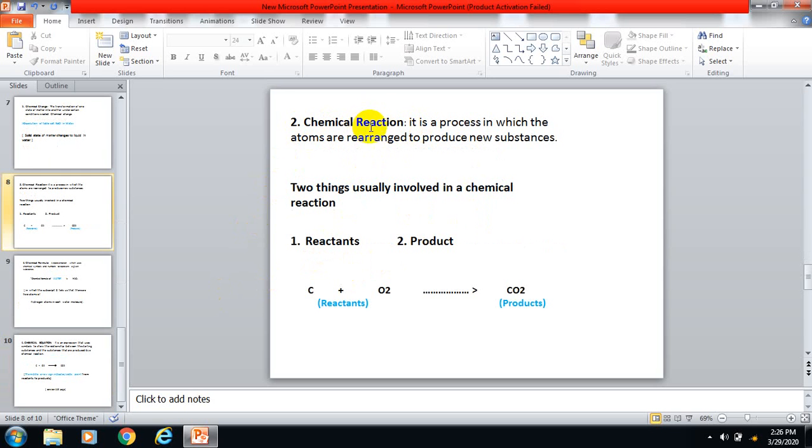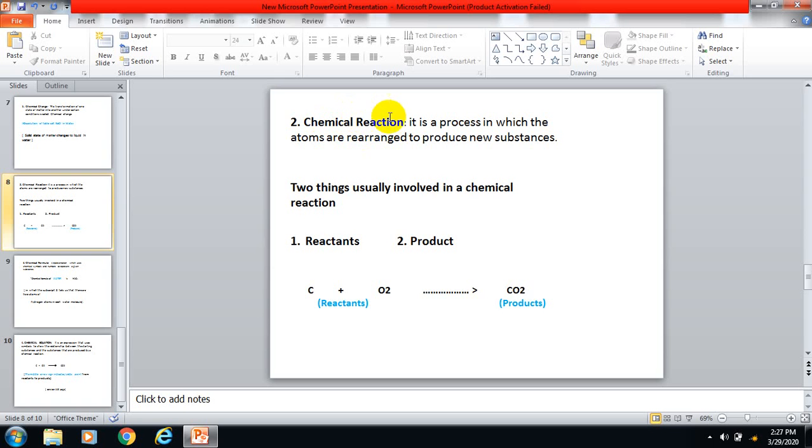Number 2, a chemical reaction. Look at how substances react with each other, how they combine with each other in a definite ratio to make a new substance. When two or more things combine, we call it a reaction.